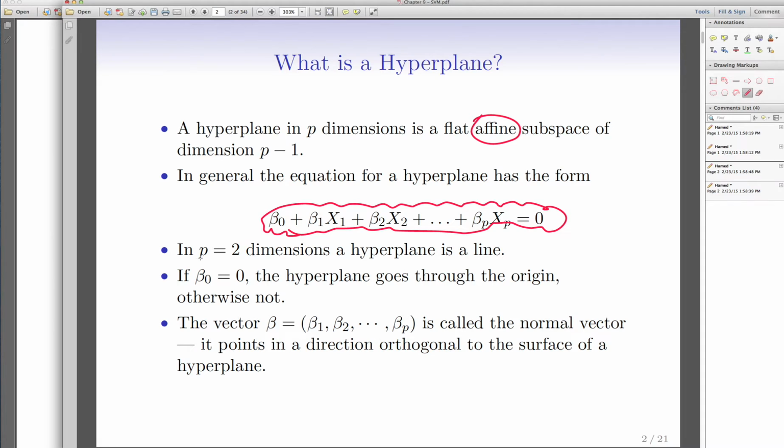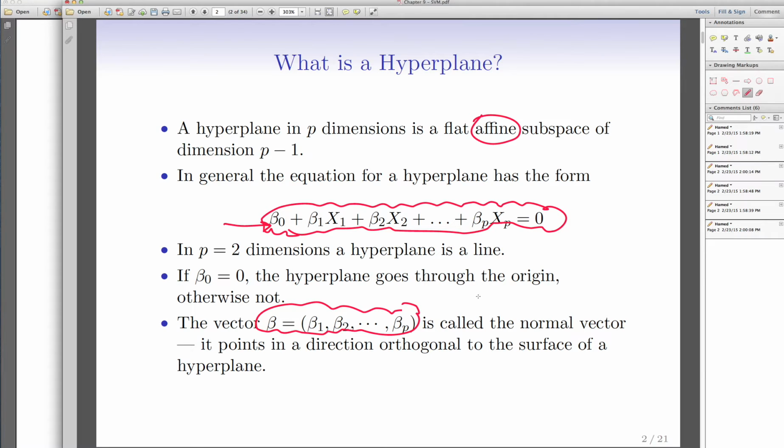These betas, beta 0 to beta p, are called normal vectors. You can have a lot of these. If beta 0 plus this is equal to 0, then 2 times beta 0 plus 2 times beta 1 plus 2 times beta 2 will also be equal to 0, right? If you multiply all the coefficients by the same constant, it will become 0 again.